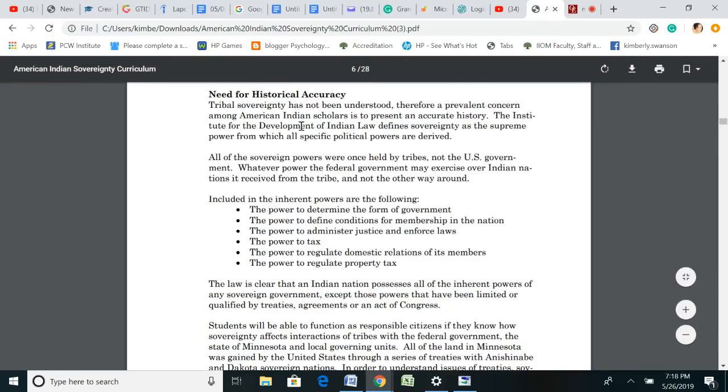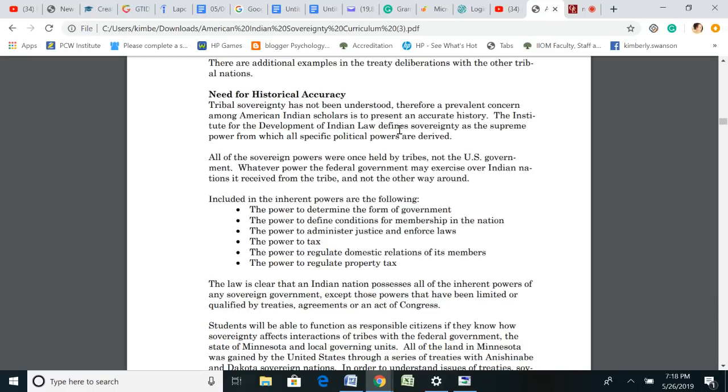And that's why we need to be doing our own research and having our own institutes and our own colleges, free from Caucasian influence and based solely on our point of view, so we can get a more accurate depiction of what actually took place.